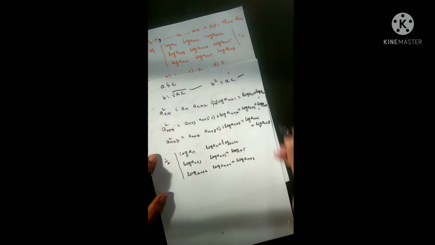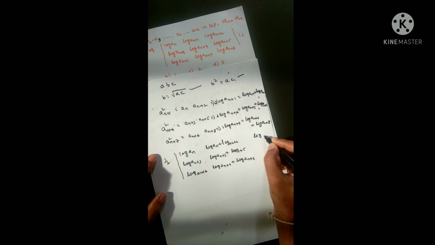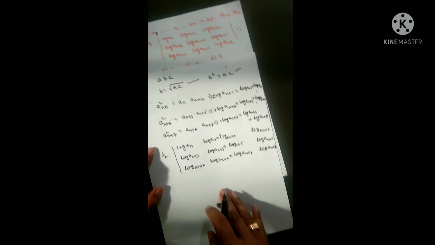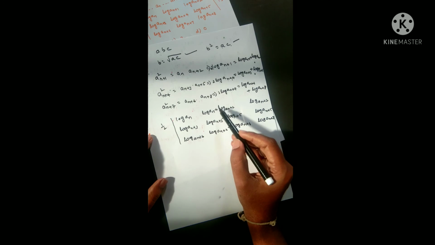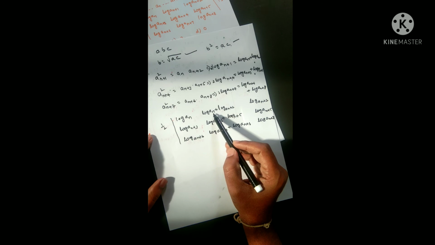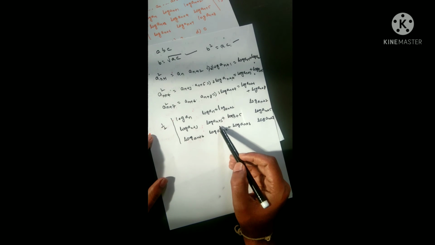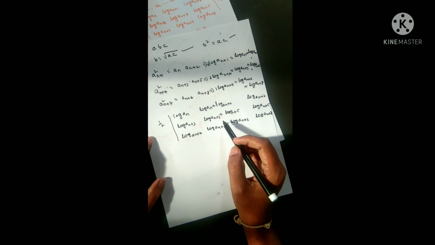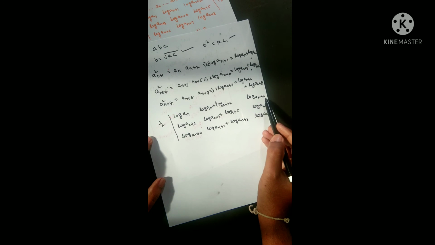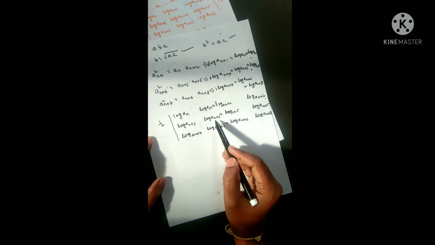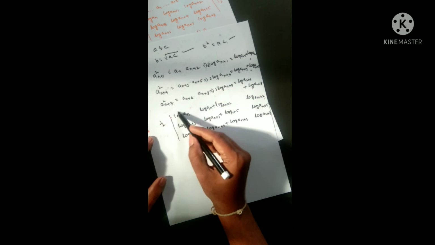The third column stays as it is: log A n plus 2, log A n plus 5, log A n plus 8. Now we know the property that if any row or column is written as a sum of two elements, then the determinant can be written as a sum of two determinants.